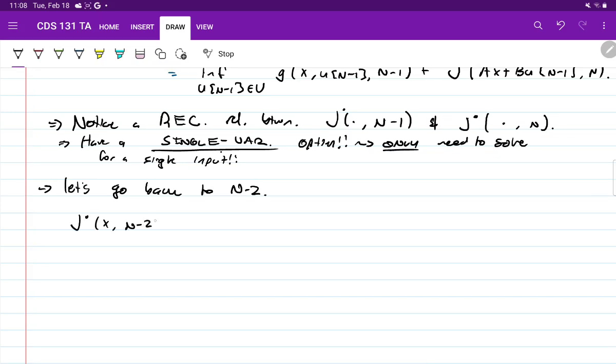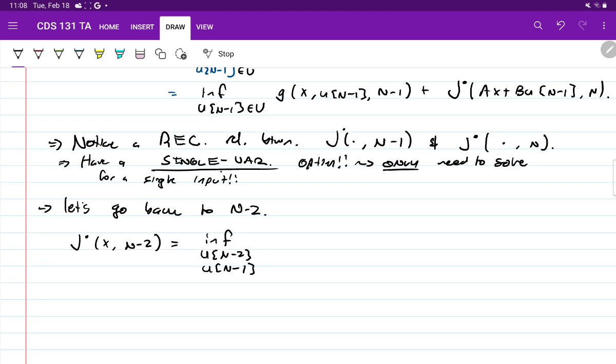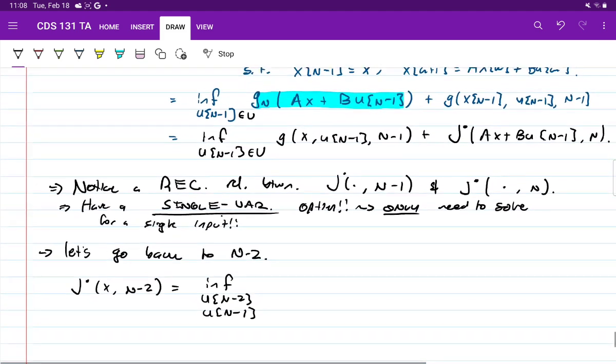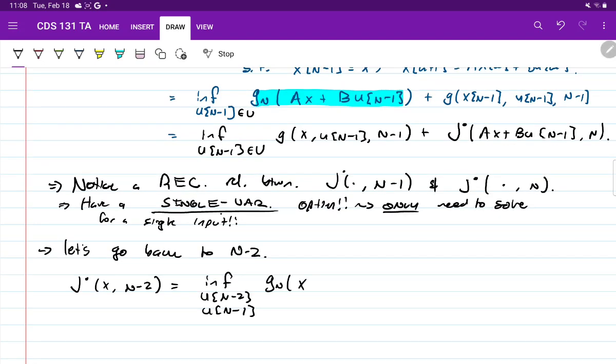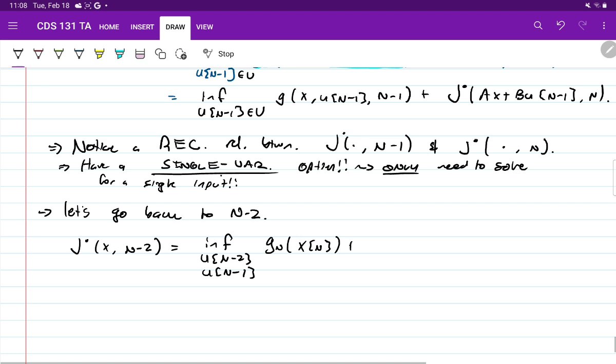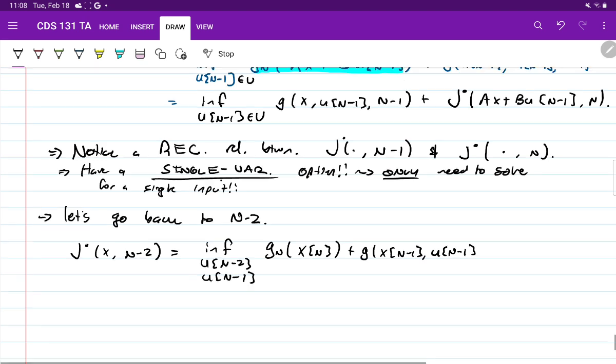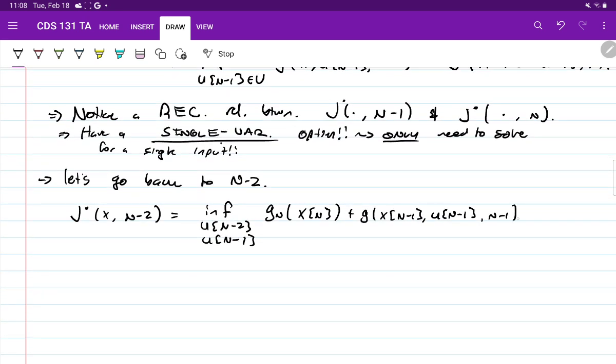J star of x comma n minus 2 for an arbitrary x is equal to the infimum over u at time n minus 2 and u at n minus 1, where both of these belong to my set U. Now we're going to have a couple more terms. We're going to have this gn of x at time n term plus g of x at n minus 1, u at n minus 1, n minus 1, plus g of x at n minus 2, u at n minus 2, n minus 2, right?